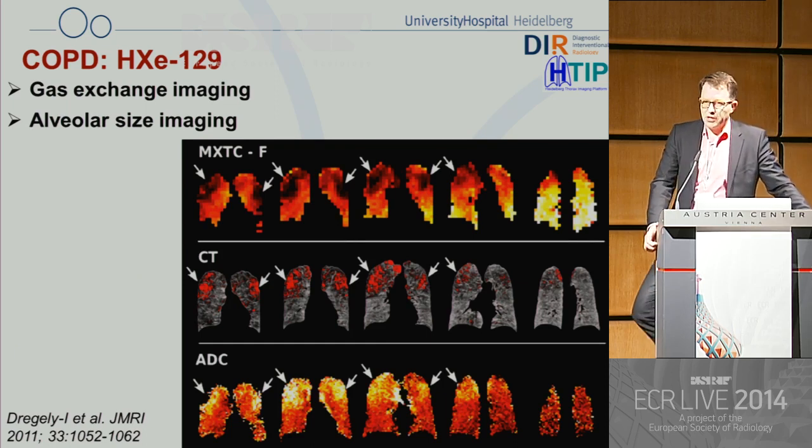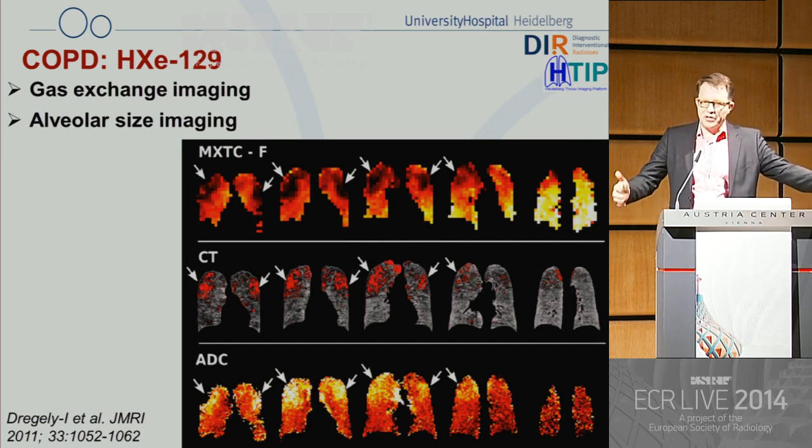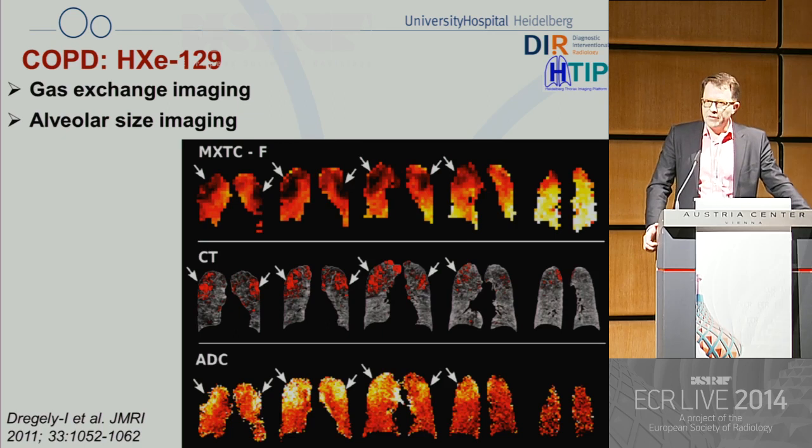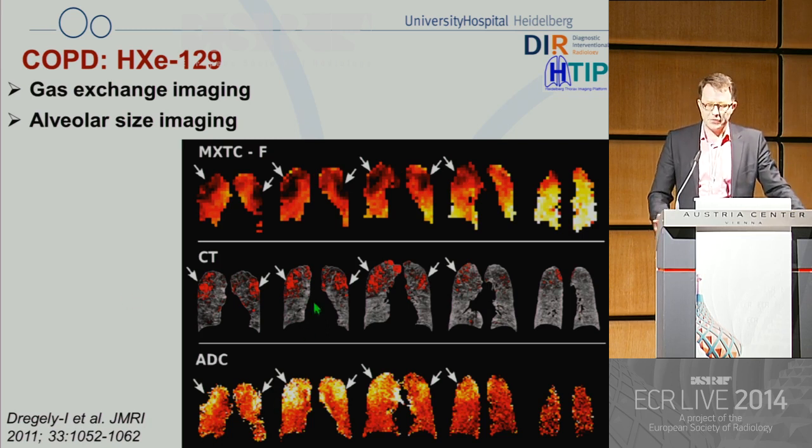Again, the clinical application, or let's say preclinical application, at least in patients, of the imaging of the gas phase and the vascular, the perfusion phase. So this again is xenon, and this is xenon using the alveolar size imaging, so we're measuring the size of the alveoli, and we can nicely compare this with quantitative CT.